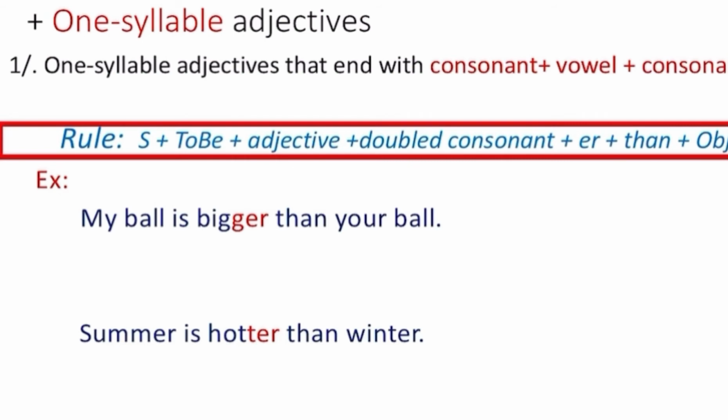So verb to be, you know what they are. We have is, am, are for the present simple, and for past tense, was and were. So to be plus adjective, and then double consonant plus er, plus then an object.